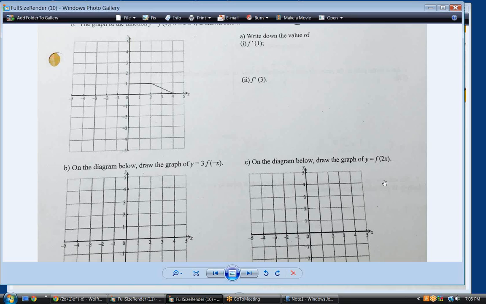In other words, when you're doing stretching like in the previous one, if this number is greater than 1, it's a stretch. If it's between 0 and 1, it's a shrink. When you're doing horizontal stretching, it's the opposite. If this number is greater than 1, it's a shrink. If it's between 0 and 1, it's a stretch.